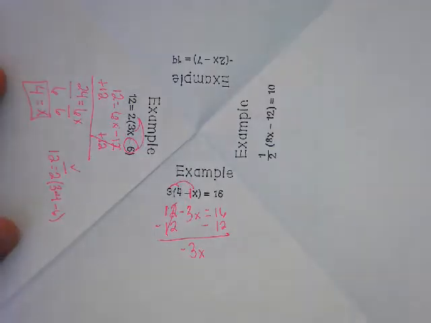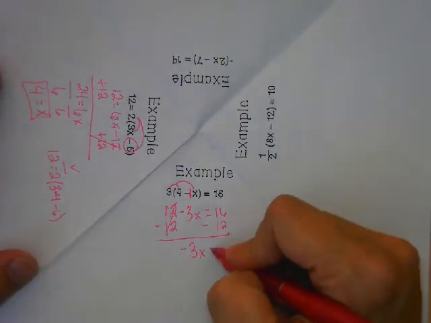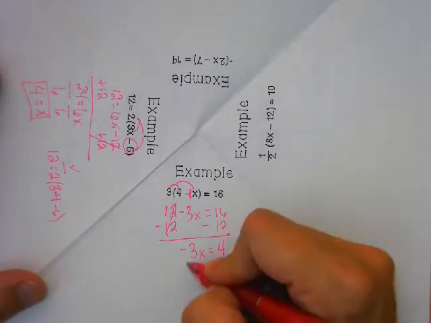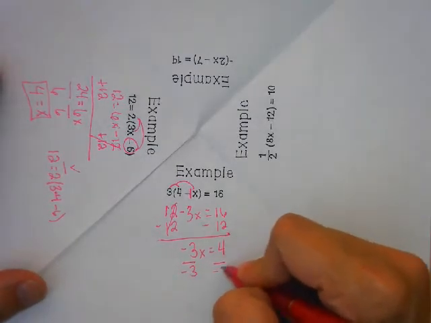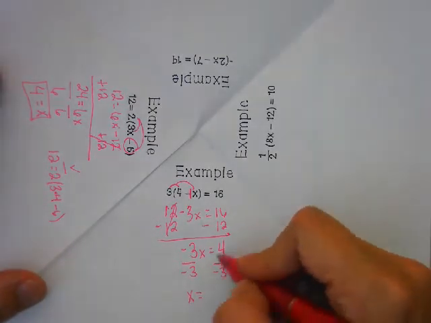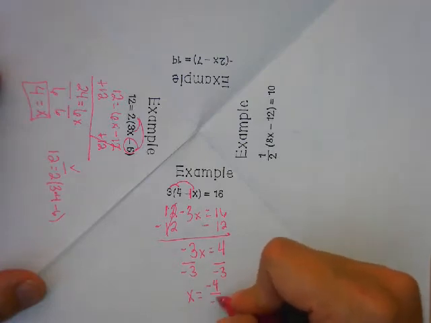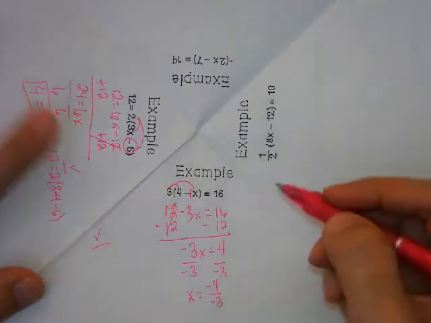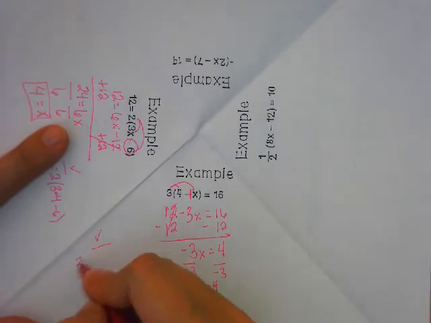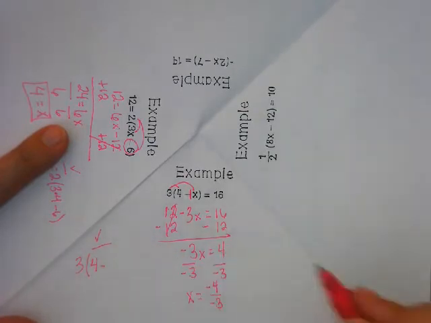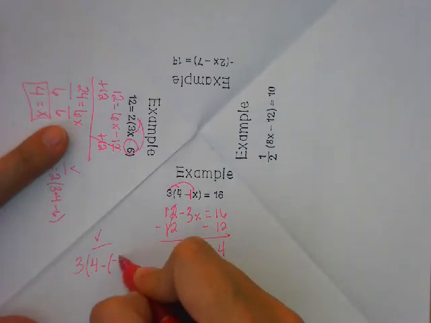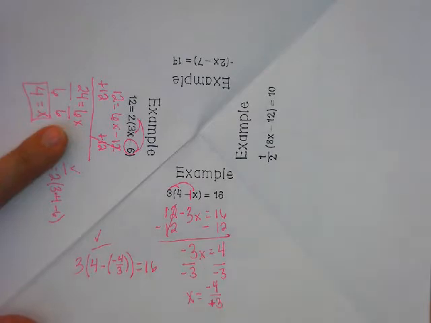So now I can say this is equal to 4. Divide by negative 3. X, I can leave this a negative 4 over 3, but when I plug into my check step, I need to make sure I have that negative. 3 times 4 minus, and then I have a negative 4 over 3 for my x equals 16.